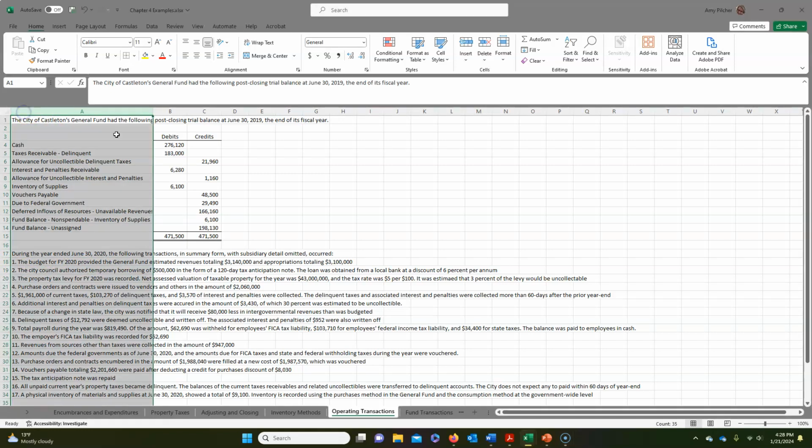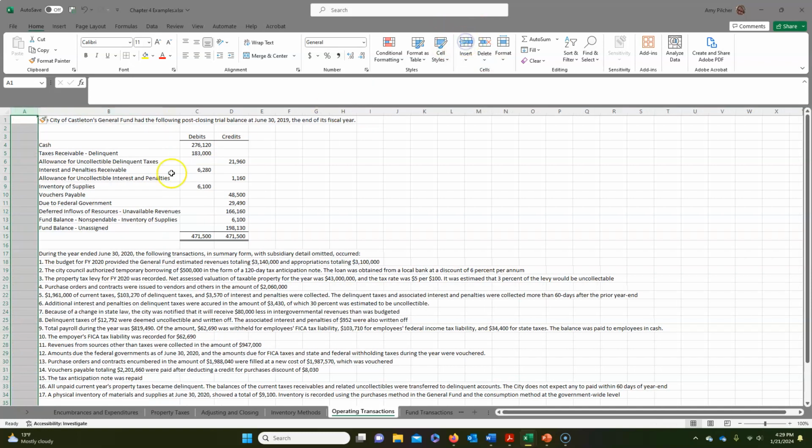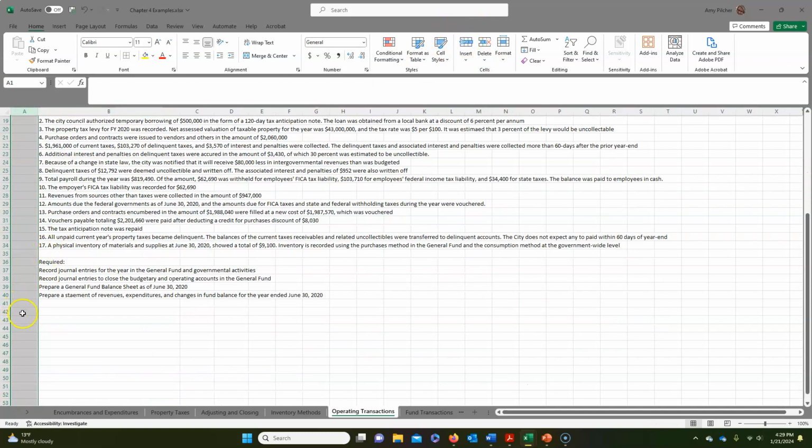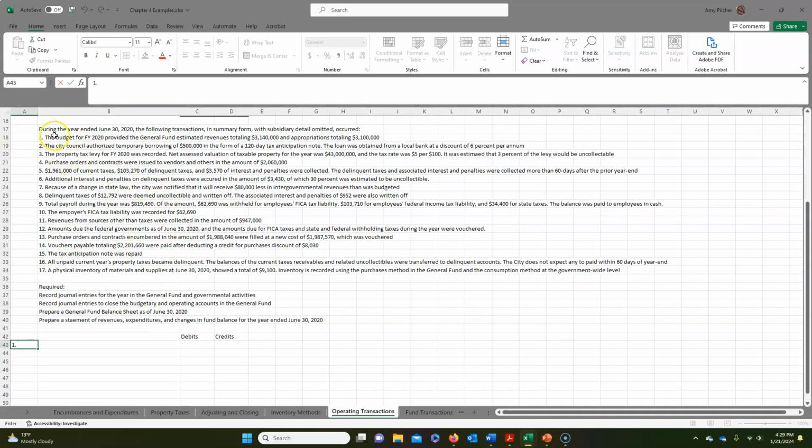I'm just going to throw really quick in here so I can number those journal entries. So we're going to look at debits and credits. Okay, so the first journal entry, number 1. We have the budget for the year totaling revenues of $3,140,000 and appropriations totaling $3,100,000.